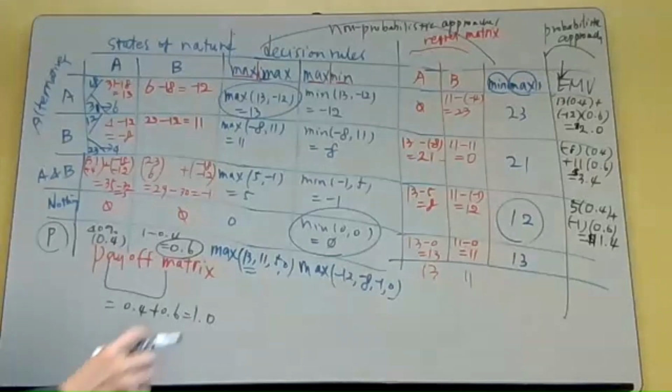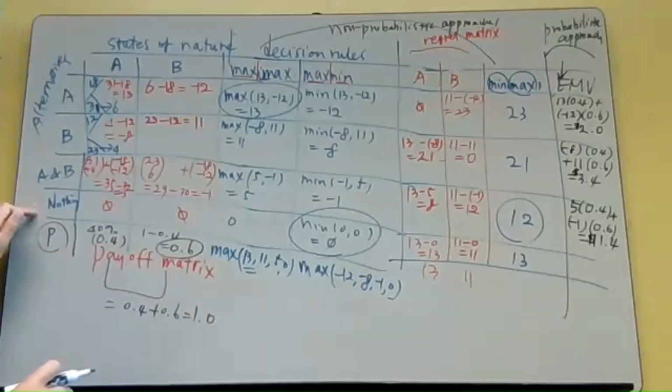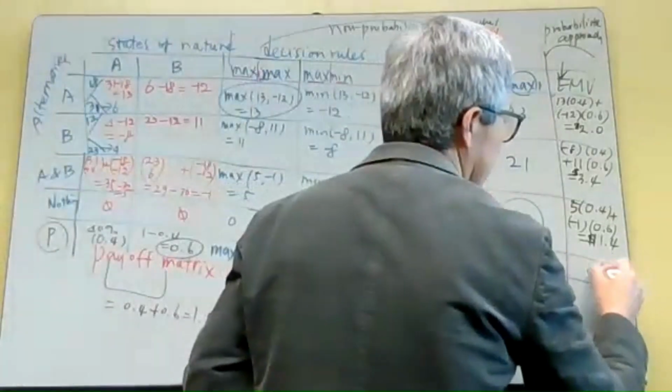What is the expected monetary value of the buy nothing option? Because we are not buying anything, it's going to be 0.